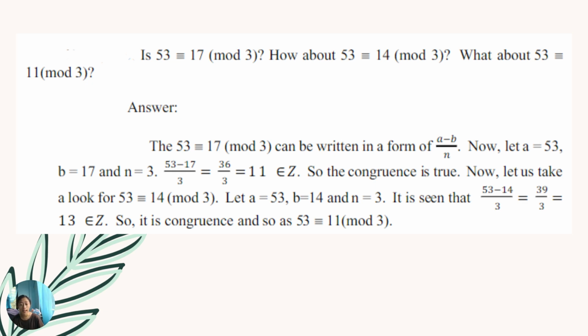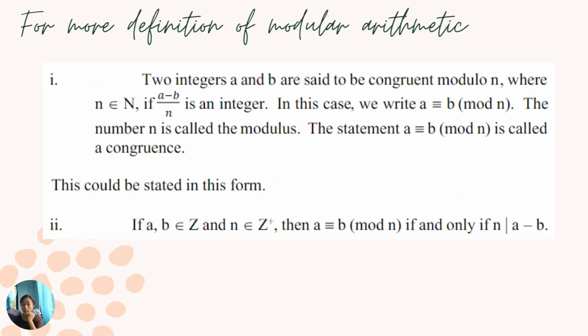Then our N will be the modulo. Again, 53 is A, 17 is B, then our N is 3. So 53 minus 17 over 3 equals 36 over 3 equals 12. So 12 is an element of Z, or an integer. So again, going back, it should be an integer.